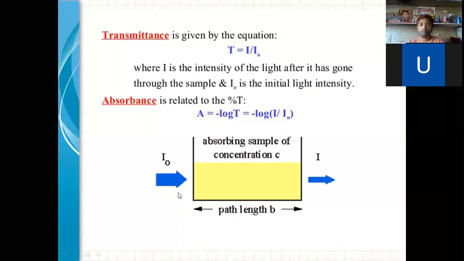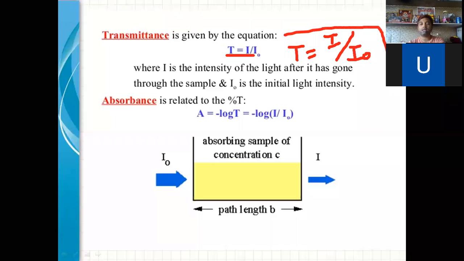So we are concerned with transmittance and absorbance. T is I by I naught, the ratio of the intensity of transmitted light to the intensity of incident light.